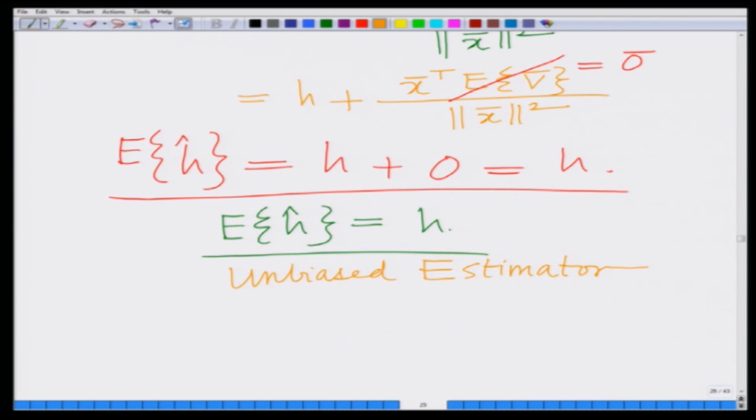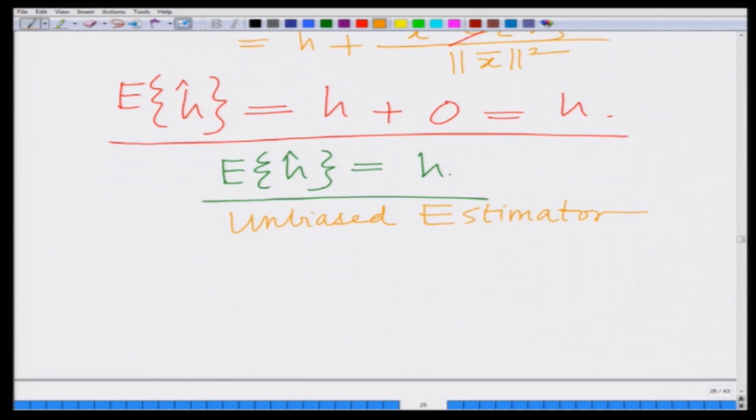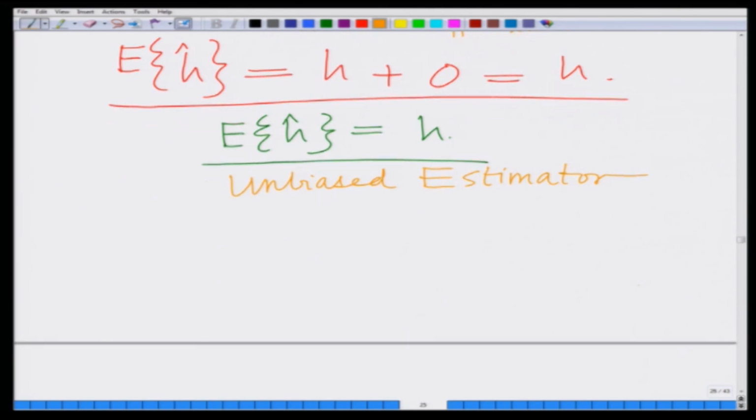Now, let us look at the variance. Now, let us look at the variance of the channel estimate. Right? Now, we know that h hat equals h plus x bar transpose v bar divided by norm x bar square, which means, let us look at h hat minus h.